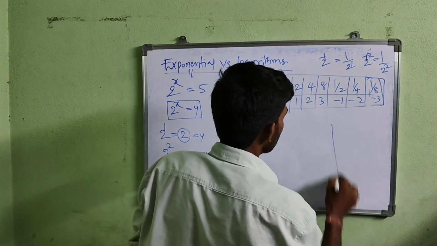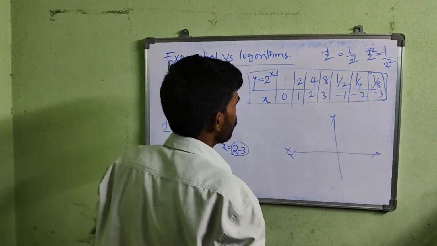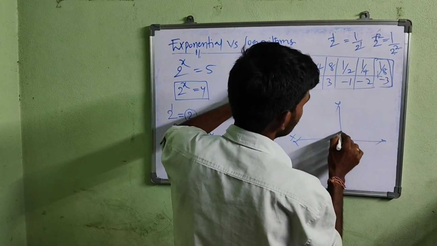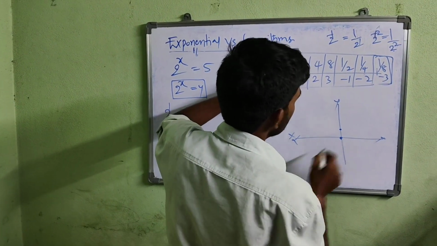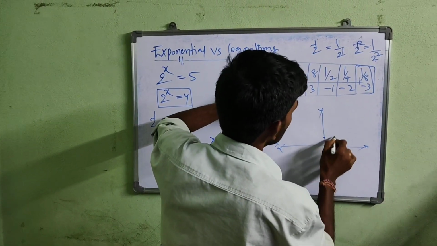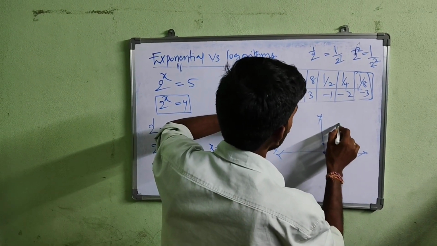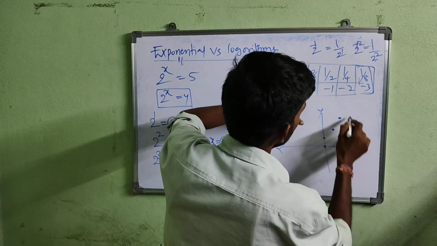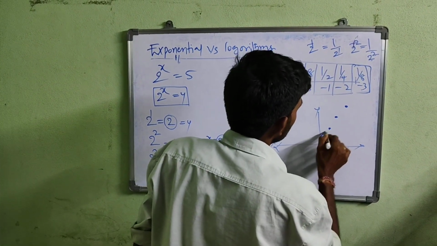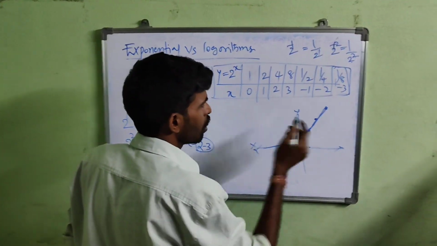From these values, when I draw a graph of x and y: x is 0, y is 1. x is 1, y is 2. x is 2, y is 4. x is 3, y is 8. Okay, I can draw a curve like this. This is the graph.